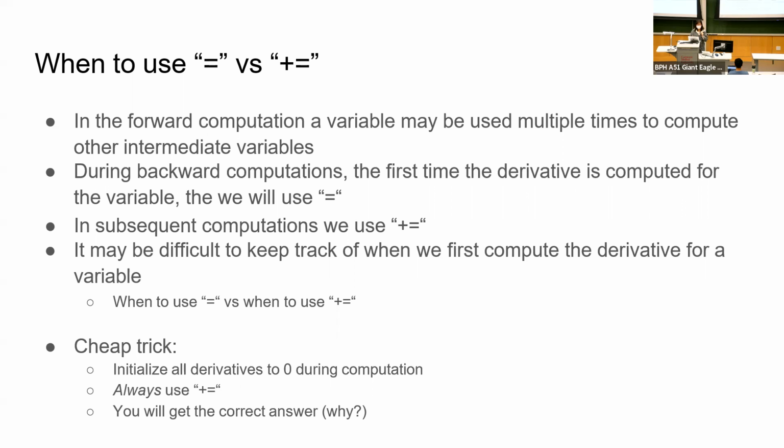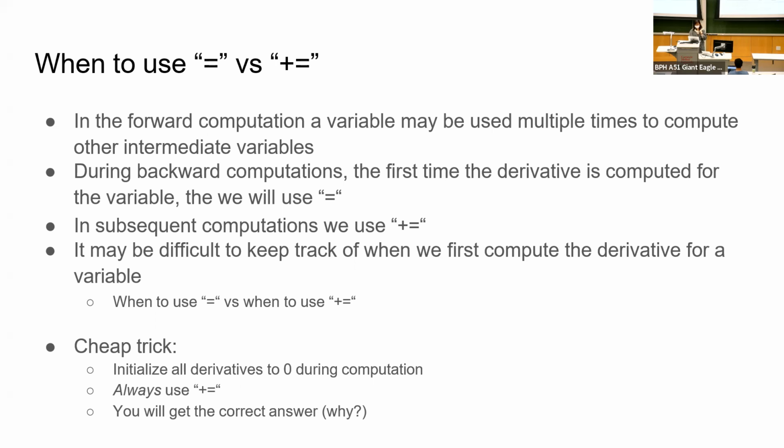And when we find there are multiple paths from the variable to the output, you have to use the plus equals to add up the derivatives you computed from the different paths back to the variable. And here's a cheap trick to do this thing. You can initialize all derivatives to zeros and simply use the plus equals every time you calculate the derivatives and aggregate it up.